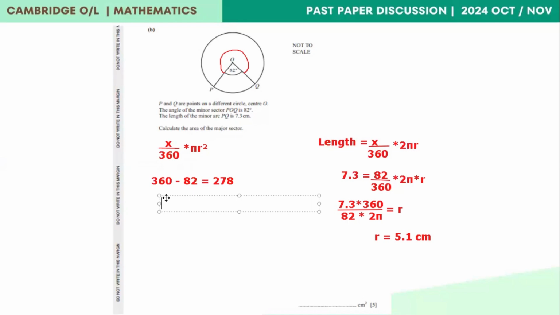So x over 360 into pi r squared. So our angle is 278 divided by 360. 278 over 360 into pi into 5.1 squared.